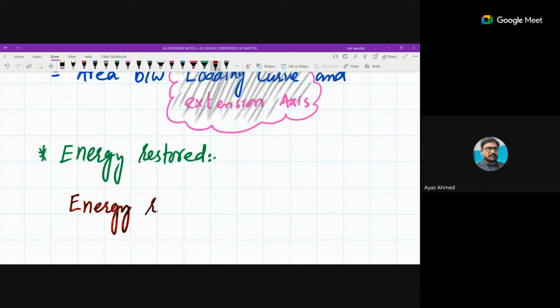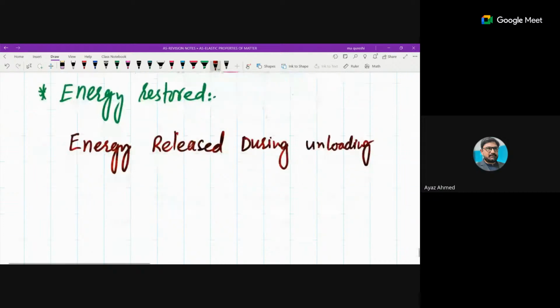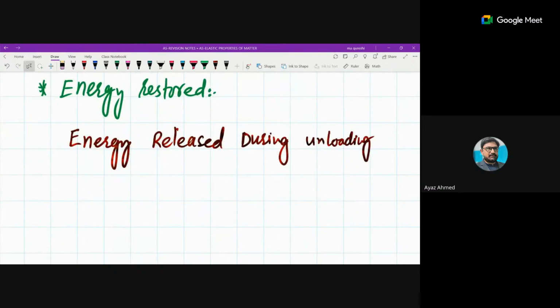So, energy released during the unloading curve, during unloading the deformation, right? For example, you are releasing a spring. Are you getting my point?